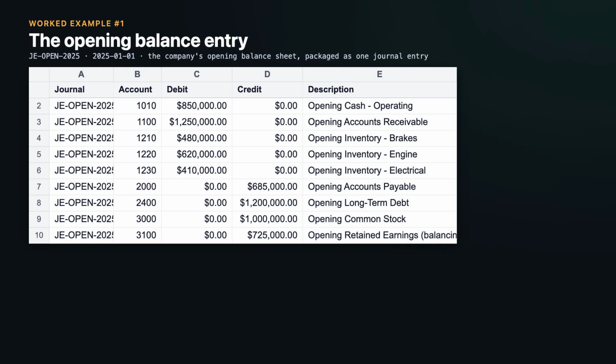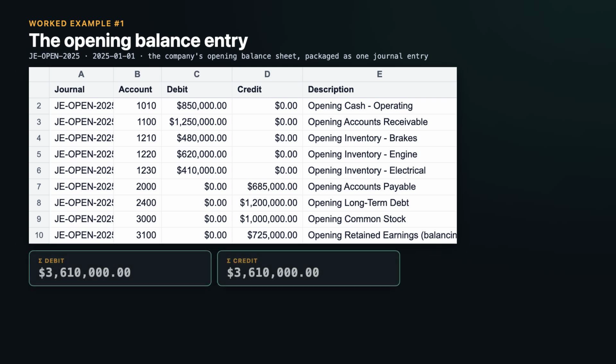Inventory across 6 categories, also debits. On the credit side, accounts payable at $685,000, long-term debt, common stock at $1 million from shareholder investment, and retained earnings as the balancing figure. Sum the debits and the credits. They match exactly, they have to, by the rules of double entry.